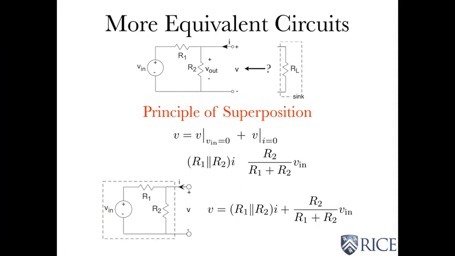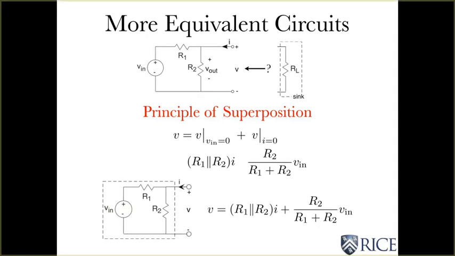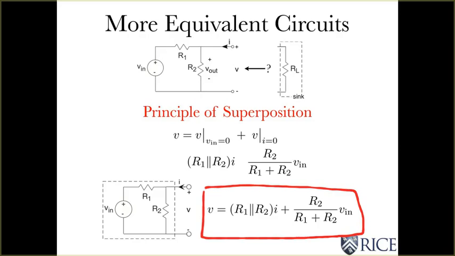So V is going to be the sum of two terms. If you think about that as a system, and you want to know what the VI relation is, you can use this superposition principle, and we see that, at least for this case, that's what we get. We get that V is equal to some resistance-like term times the current plus a source-like term.